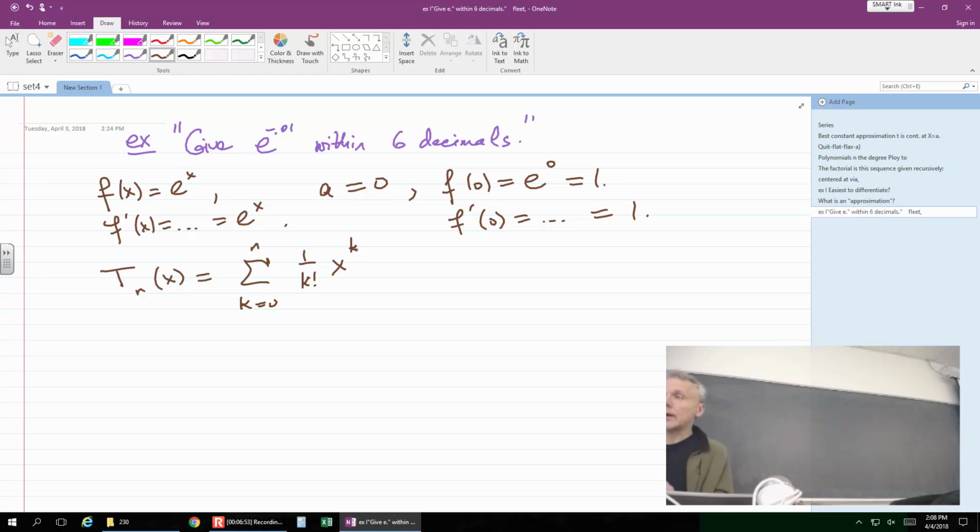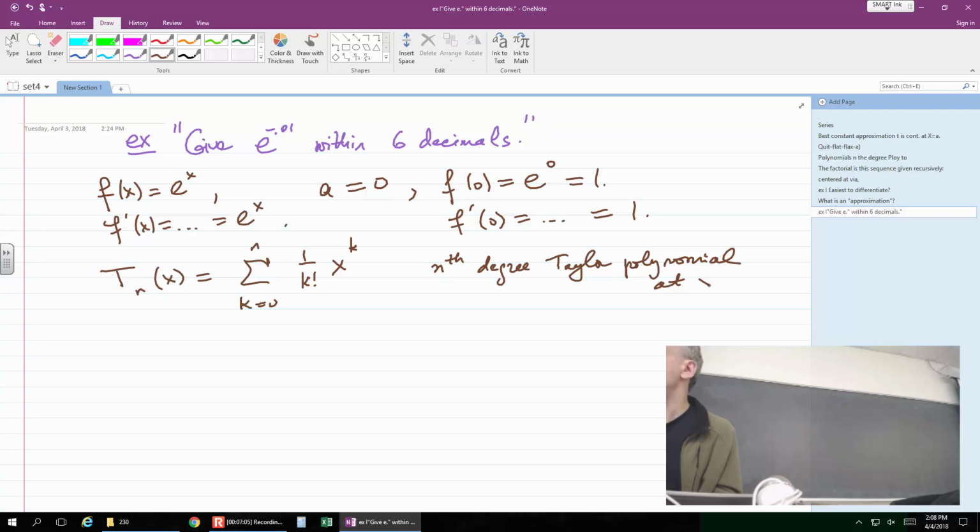That's my nth degree Taylor polynomial at x equal 0. So it's a polynomial, and its degree is n, and the better n is, the better the approximation is.